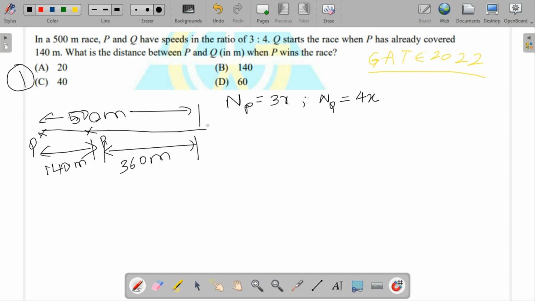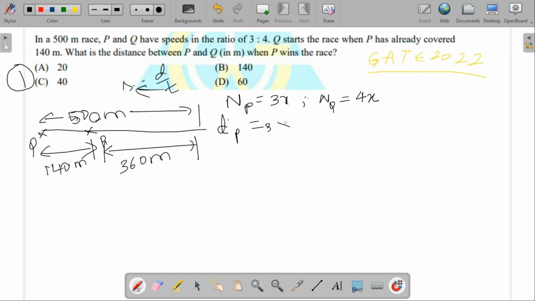Now we can try to use the distance formula. Based on that, let's see if we can find the distance between P and Q when P has won the race. So speed is equal to distance by time. So if you want to find distance, we need to multiply speed and time.